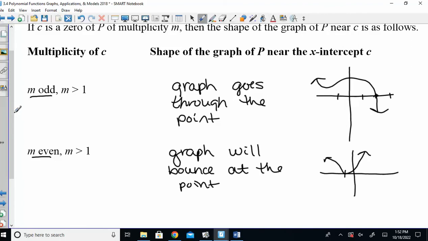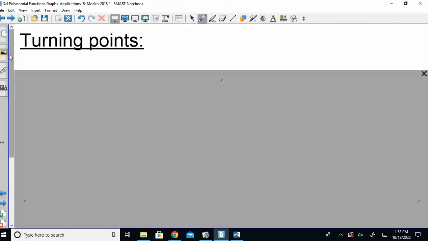Okay, so when we start graphing these, I'm going to be asking you, is the graph going to bounce or go through? And that is completely relying on the multiplicity. Odd multiplicities go through and even multiplicities bounce. So the very last thing I'm mentioning today, I just want to talk about turning points, and then I am pretty well done.